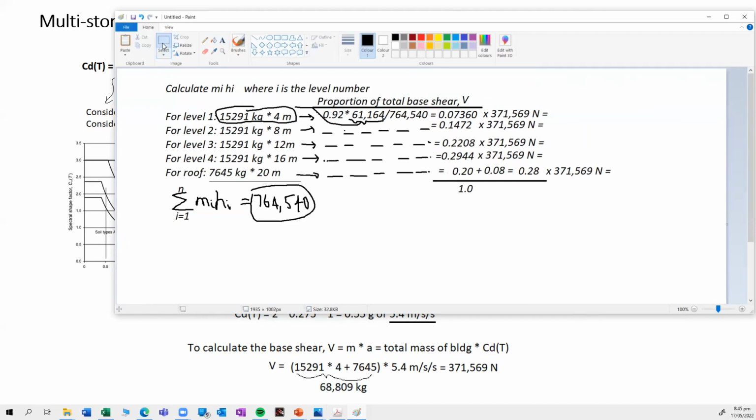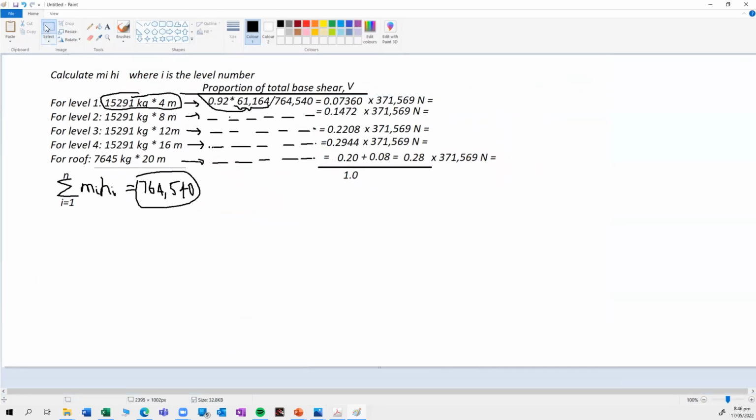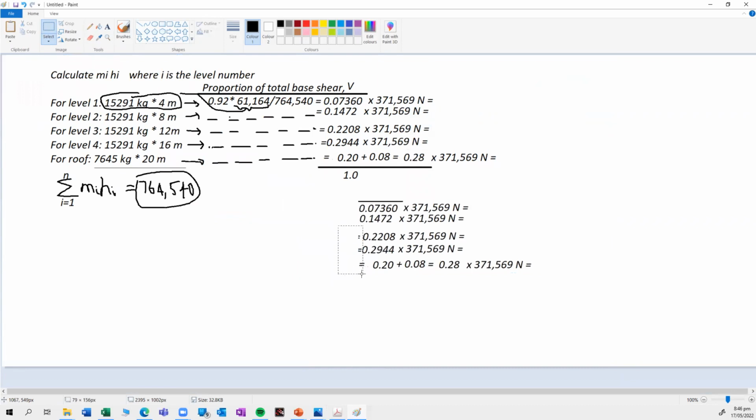So I'm going to copy it again. I'll just recopy it. So you've got these values here that you can calculate like this.